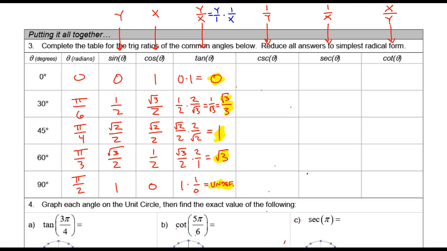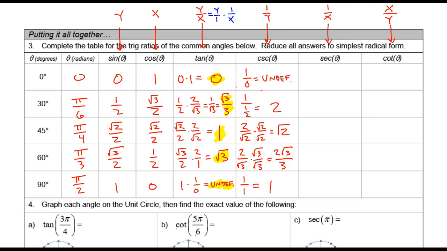Cosecant is 1 over sine, or 1 over the y coordinate, and here we go. Okay, folks, those are your cosecant ratios highlighted there: undefined, 2, root 2, 2 root 3 over 3, and 1.